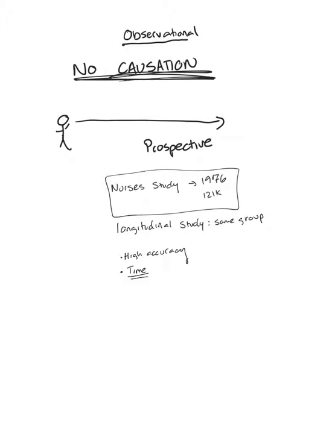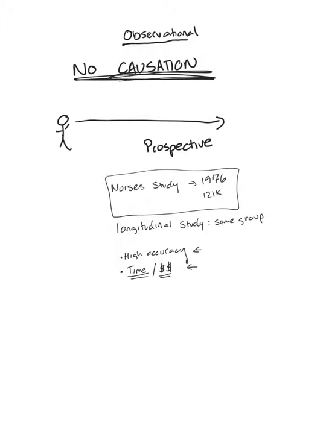That is, the Nurses Study, once again, enormously important in the medical industry, has been going on for a very, very long time, and it's taken all that time to get good data. So it's expensive in terms of time, it's also expensive in terms of money, because you have to incentivize people to keep participating in things a lot of times. I want to be clear, though, the Nurses Study doesn't do that. So, pros, high accuracy, cons, it's a lot of time commitment here.